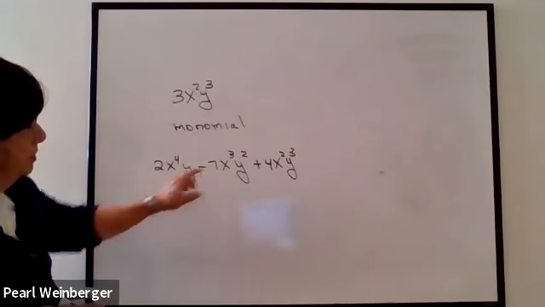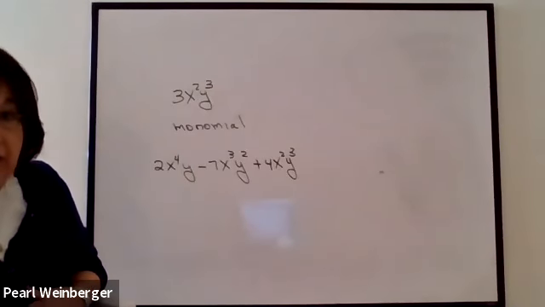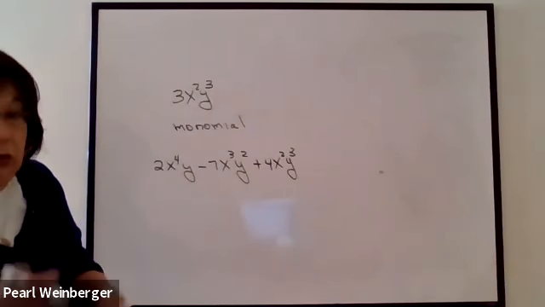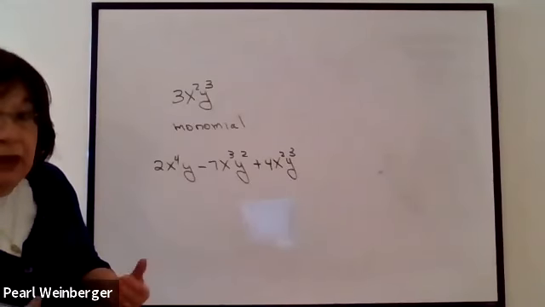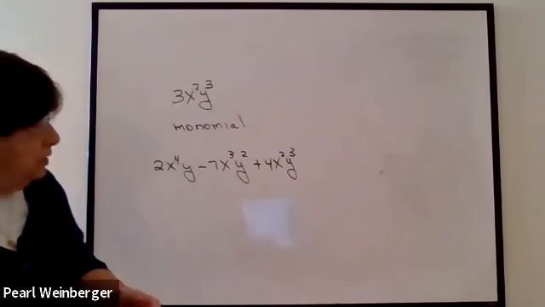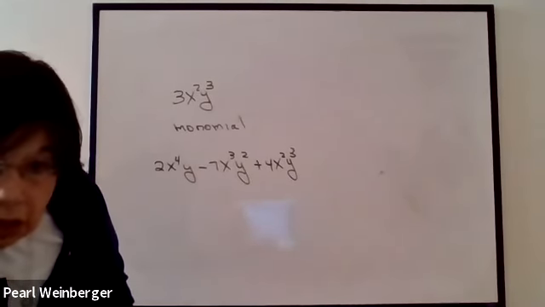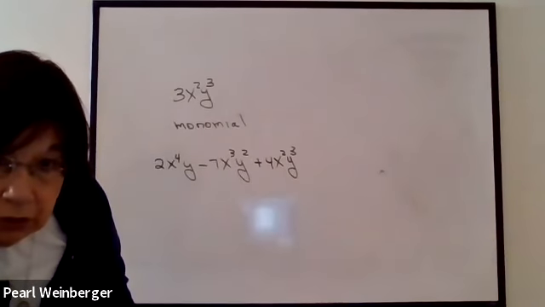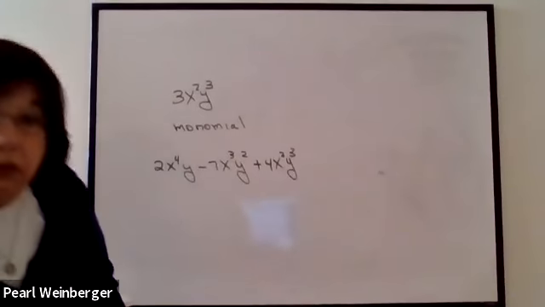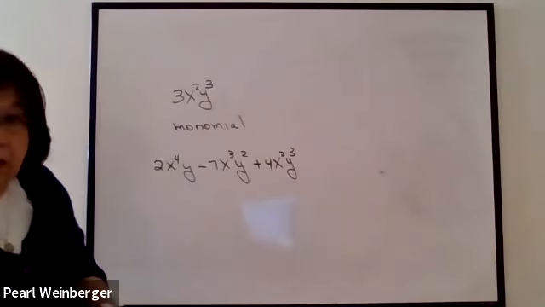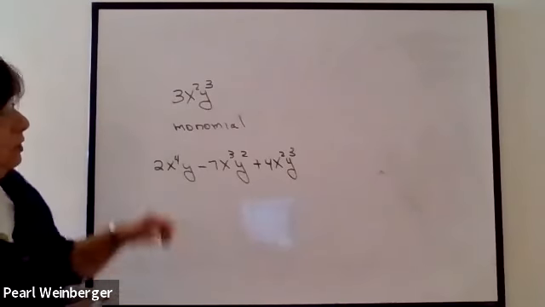You have pluses and minuses. And usually when you have adding and subtracting in your expression, what you want to do is simplify by combining the like terms. Are there any like terms over here? Anybody see any like terms? And I'm glad nobody sees them because there are no like terms.